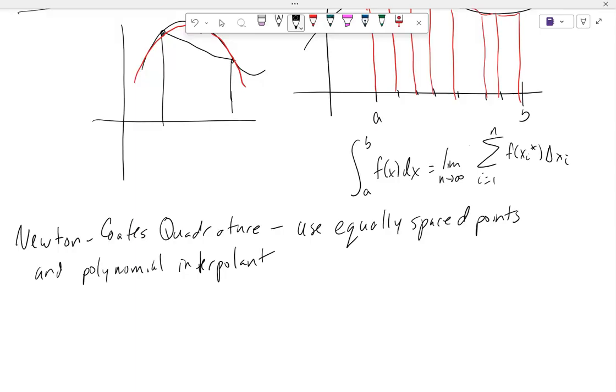Interpolant is just a fancy name for the polynomial that goes through all the points. Use a polynomial interpolant to approximate the integral on the interval. So quadrature is just a fancy name that we use for doing this process.